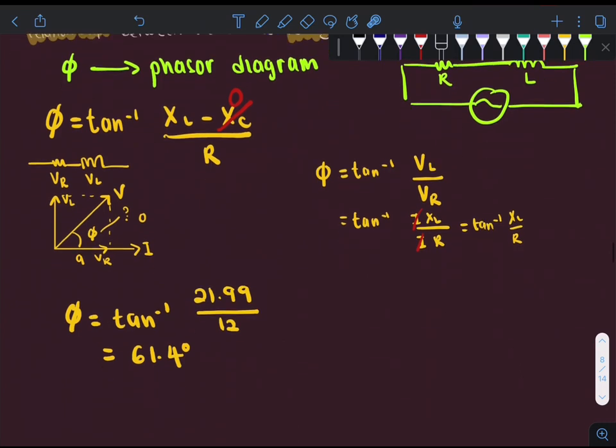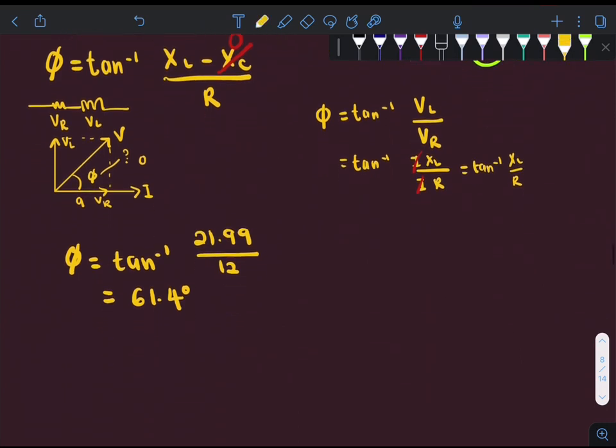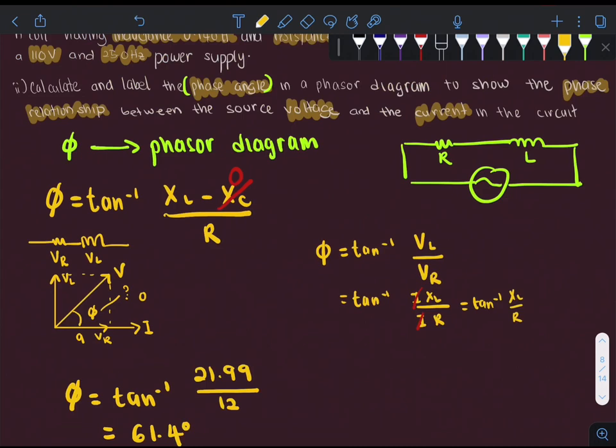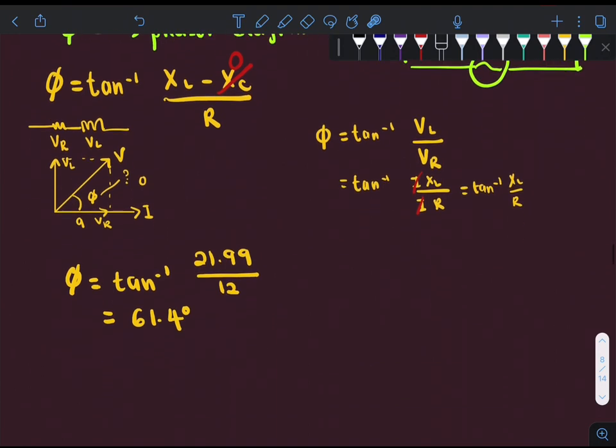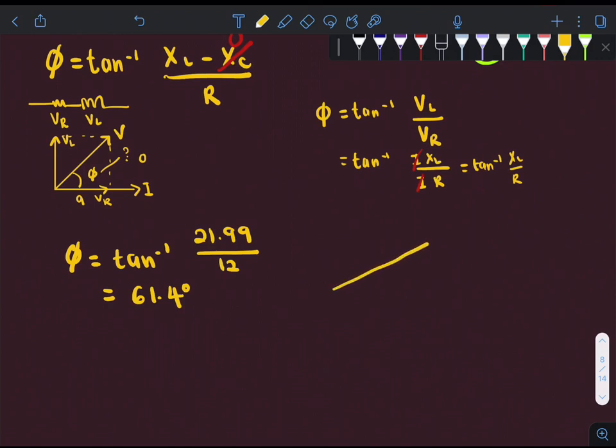So now we are going to label the phase angle in the phasor diagram, where we need to show our phasor diagram consisting of the source voltage and the current only. Therefore, the phasor diagram for this question will be the resultant V, which is the source voltage, and the current, which is the I here.